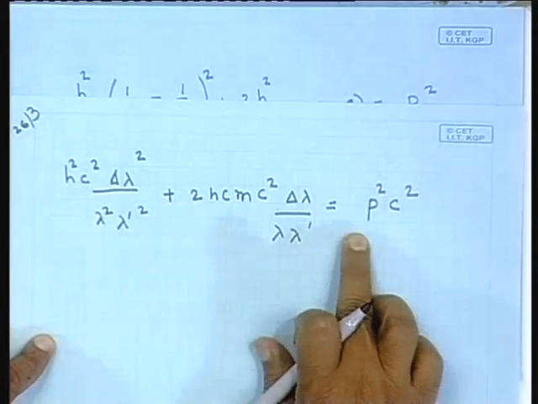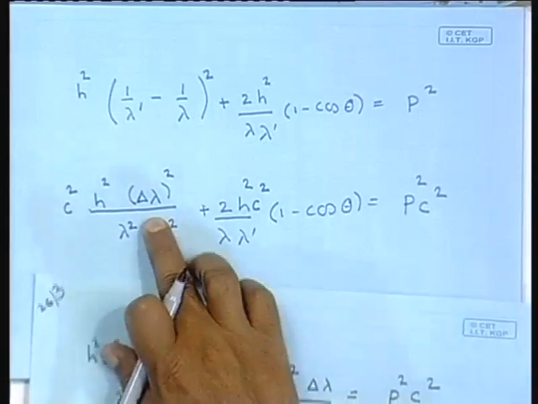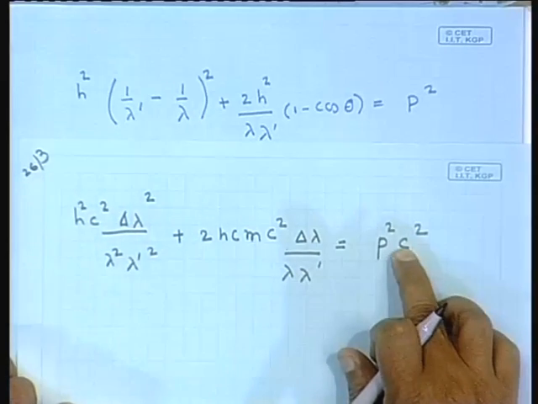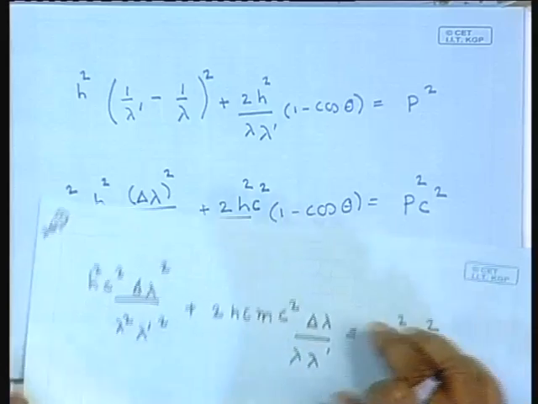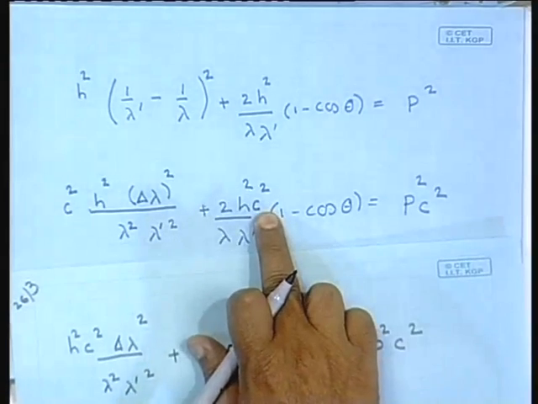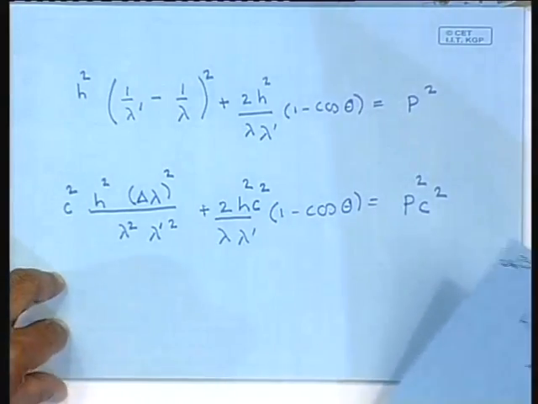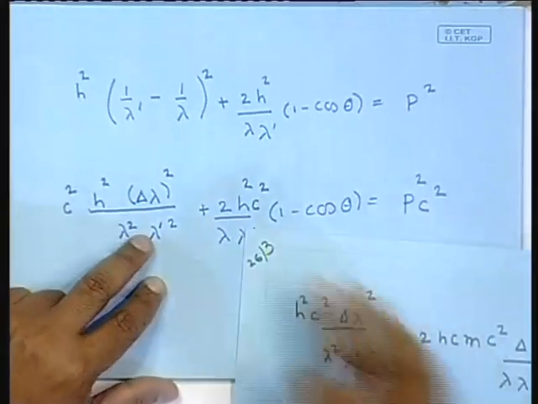This is the conservation of energy, this is the conservation of momentum. This term occurs in both the expressions, and this term occurs in both the expressions. It essentially tells me that this term should be equal to this, because the other two terms are there in both the expressions. So, finally, when I combine the conservation of energy and momentum, this term should be equal to this.